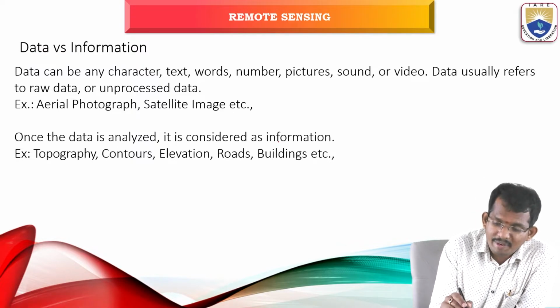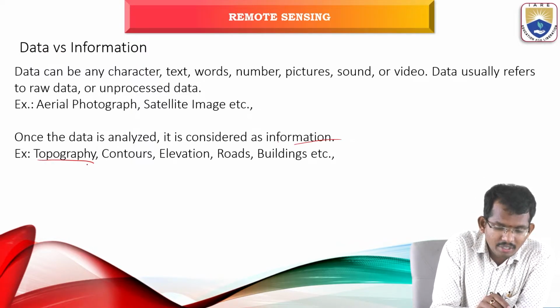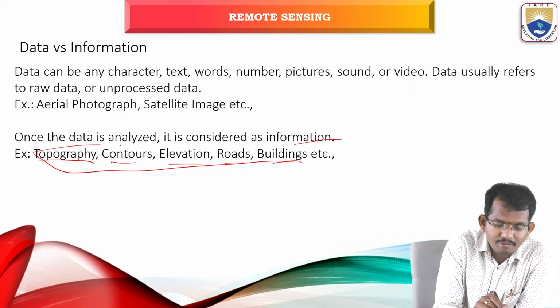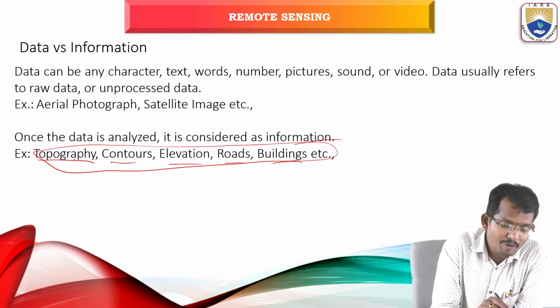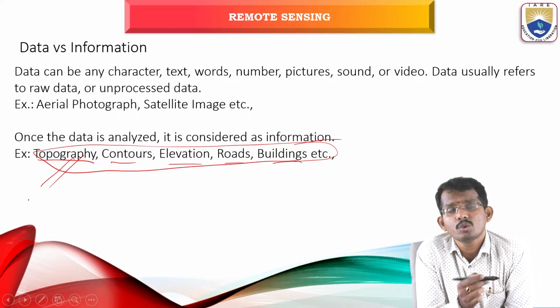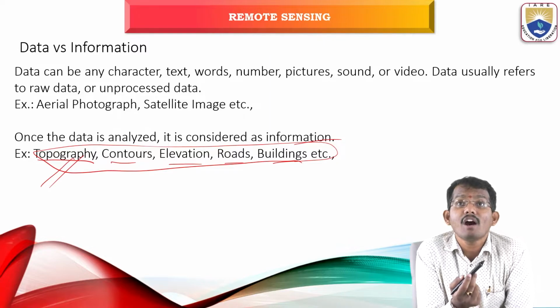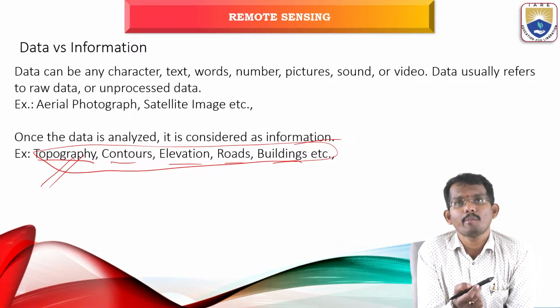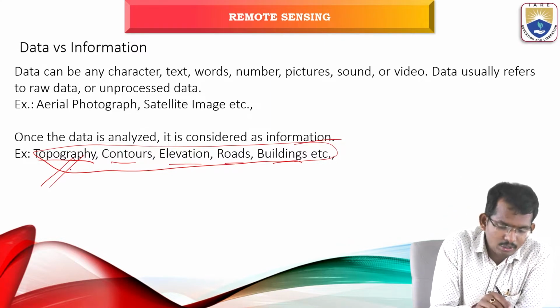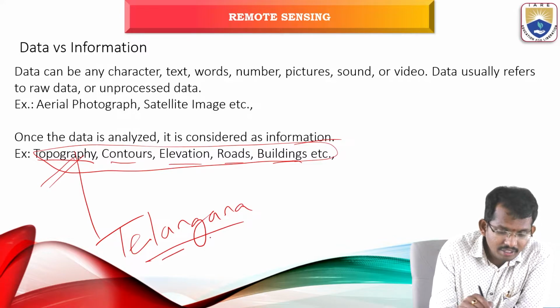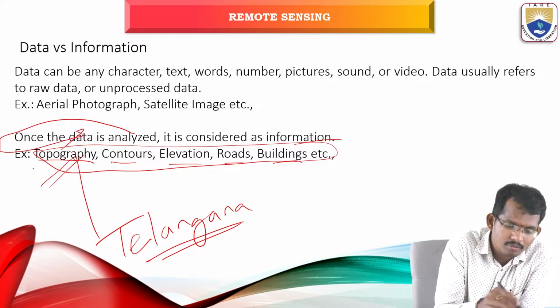So the information of your topography, contours, elevations, roads and buildings, these all come under information. If you want to find the information of forest area, hills, slopes, plains, plateaus, that can be extracted from the data after the analysis. If you want to see the topography of Telangana, it can be done after analysis of the data.